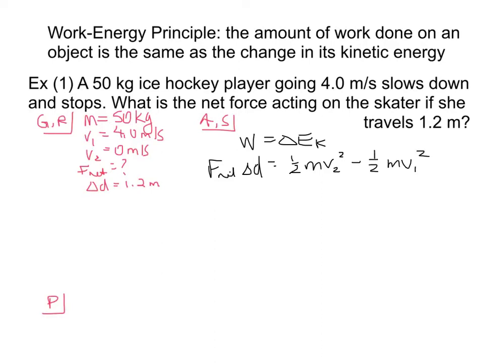And we know that v2 is 0, so this part goes to 0. We're looking for net force, so now we just have to divide by delta D. So we get negative mv1 squared over 2 times delta D. Substitute in our numbers.